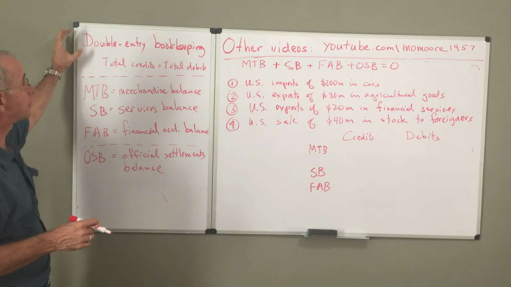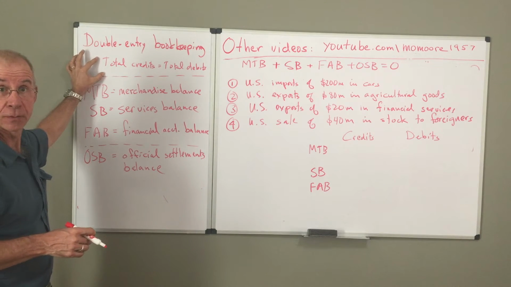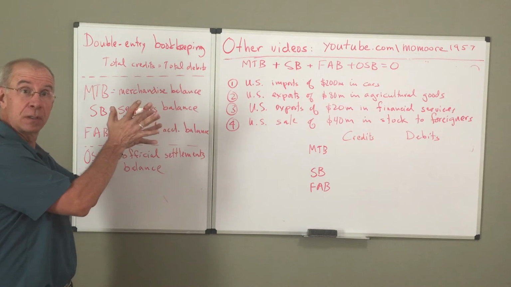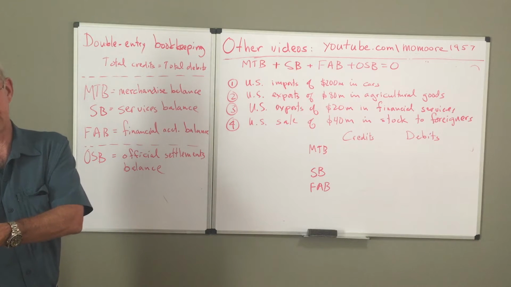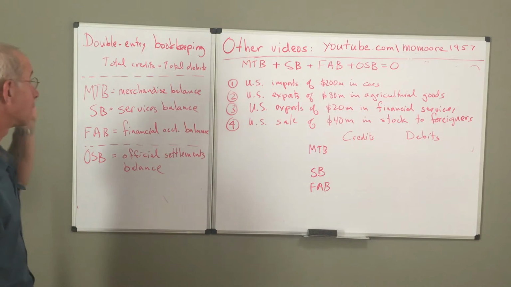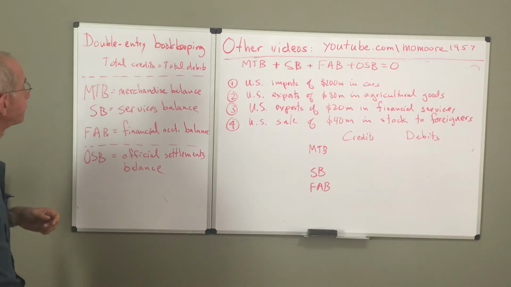The concept of double entry bookkeeping ensured that the total credits equal the total debits, because every time there's a transaction on one side, by design, we put a transaction of equal value on the opposite. So for every credit, there's an equal debit.